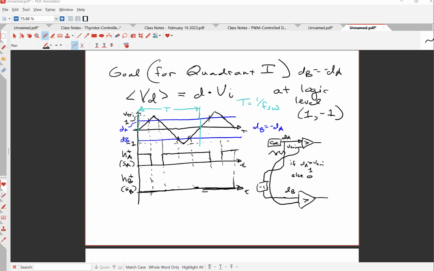So now let's talk about the synthesis of H sub B plus. I've redrawn this part here, and coming out of this is H sub A plus, and then coming out of the bottom H sub B plus.